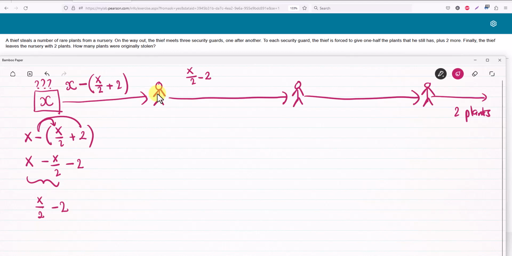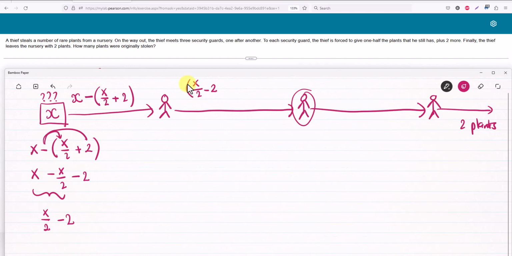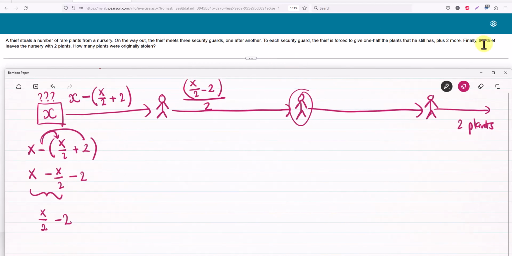And then when he met with the second guard, this second security guard says, hey, give me one half plus 2 more. So whatever he has now, he needs to divide by 2, right? He's losing half and 2 more.